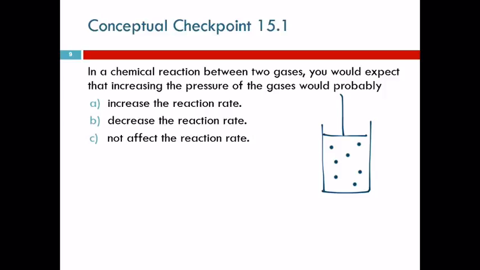But if I squeeze them together by increasing the pressure, they have to get closer together. When they're closer together, they're going to run into each other more often. More collisions means faster rate. So increasing the pressure on a gas will increase the reaction rate. Any questions about that? Yes?